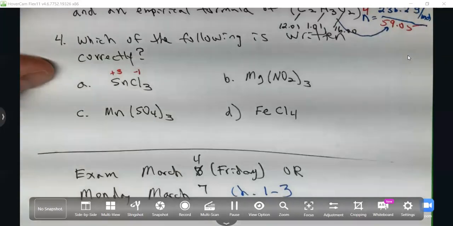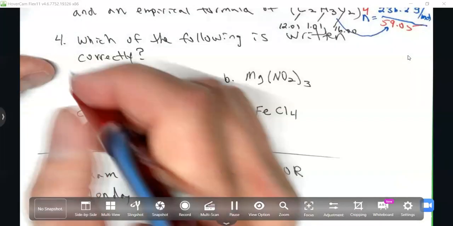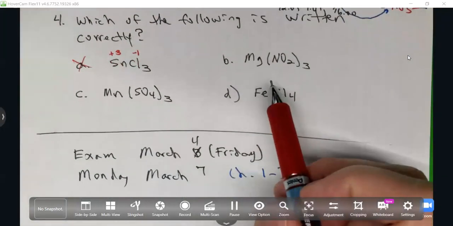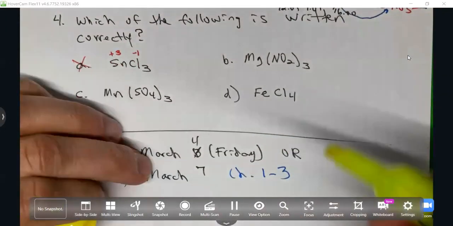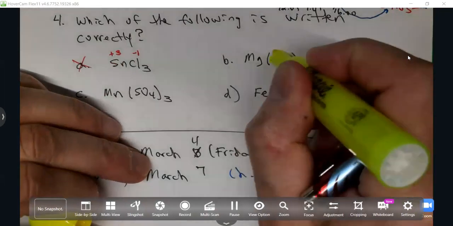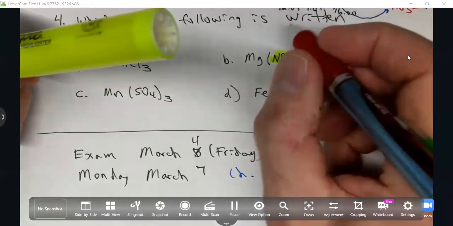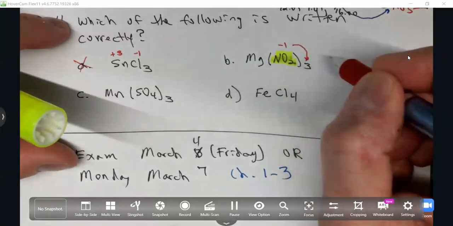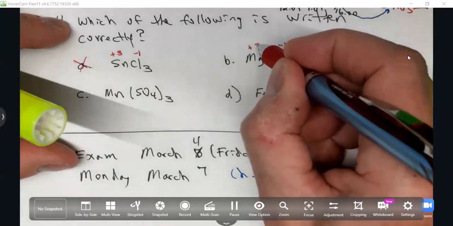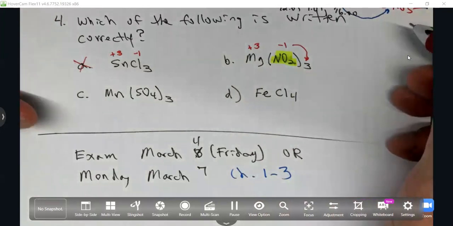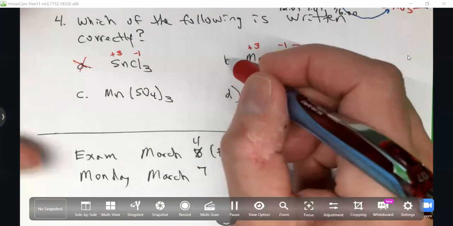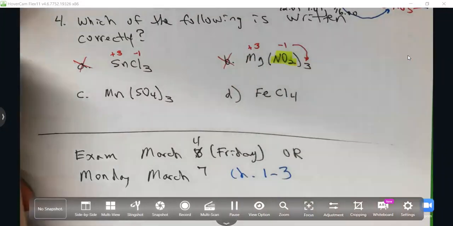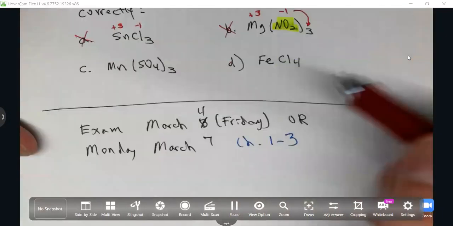Is there a 10-3? No, there's not a 10-3. We have NO2 in parentheses, and that NO2 is -1, and you've got 3 of them. That gives us -3. +3 would have to be the magnesium, and magnesium is only +2. So that's junk.